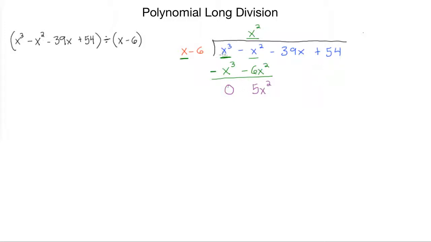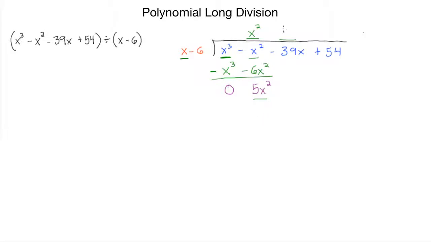Instead of focusing on this x to the third, we've taken care of this whole column. Now I'm going to focus on 5x squared. What do I need to have here to multiply by x to turn it into 5x squared?